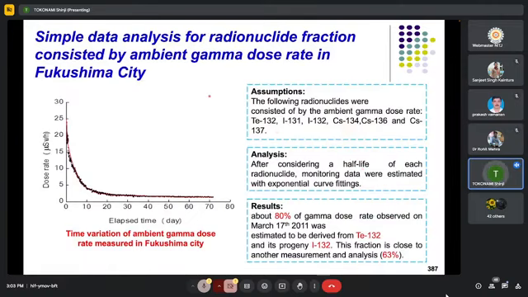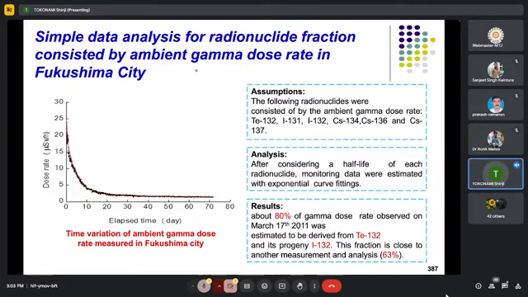Here is a simple data analysis for radionuclide fractions contributing to the ambient gamma dose rate in Fukushima City. We have data on time variation of ambient gamma dose rate measured in Fukushima City here: elapsed day, elapsed time, and dose rate.